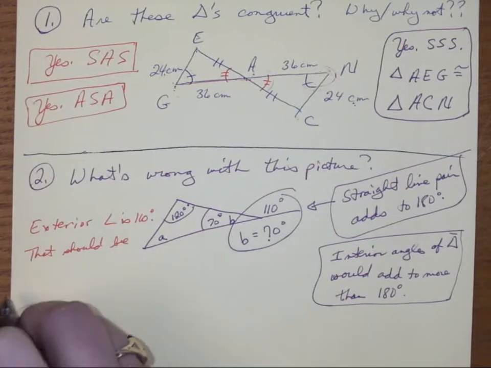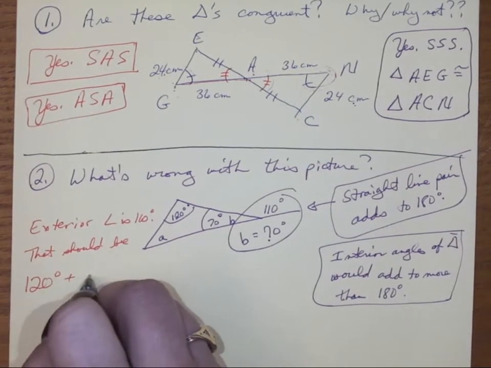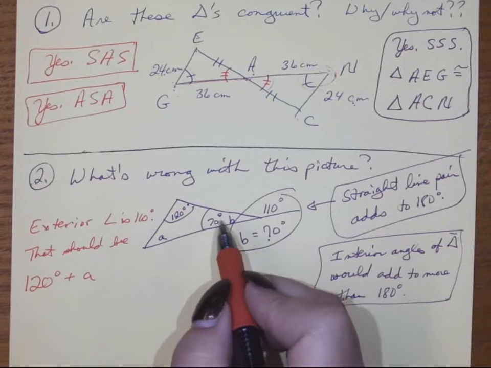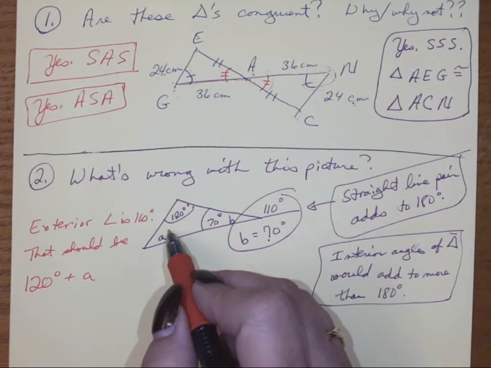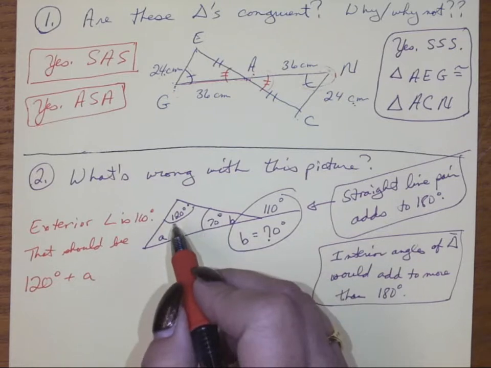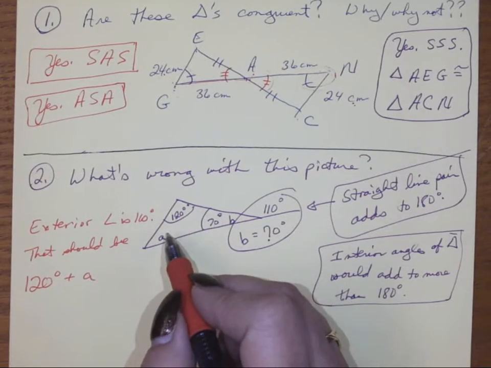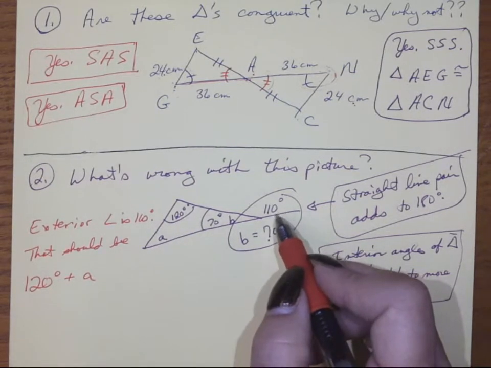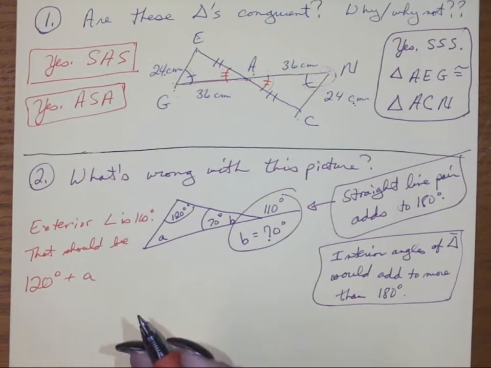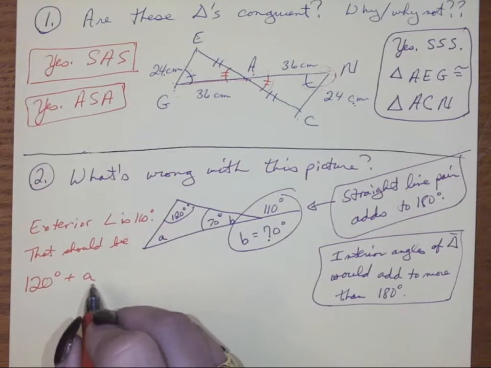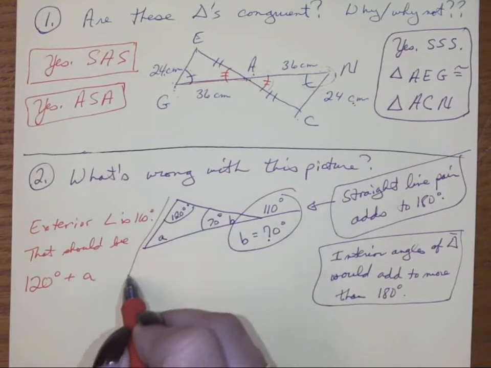Should be 120 degrees plus A, basically, right? Because the opposite angles in here, when I add those together, the sum of these two angles should be the same as the exterior angle. That's a conjecture that we have already this semester. However, that's 120 plus A, and I only get 110 degrees.